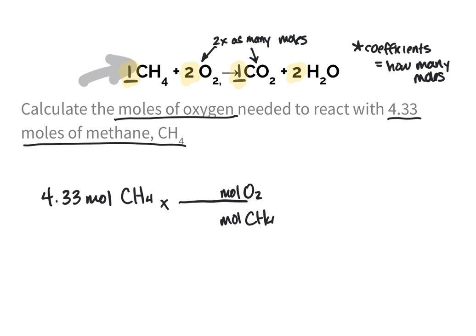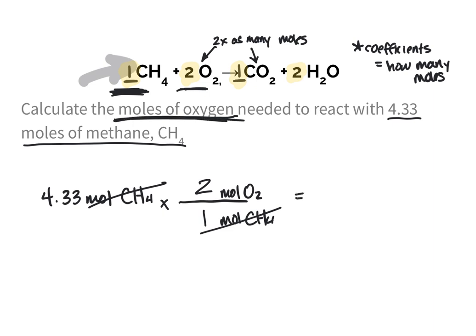If I look at my stoichiometric equation, for every 1 mole of methane, I need 2 moles of oxygen. So I set it up like this. I just use those values out in front, those coefficients, in my mole ratio. So moles of CH4 crosses out, moles of O2 is left behind, and that's what I needed to figure out.